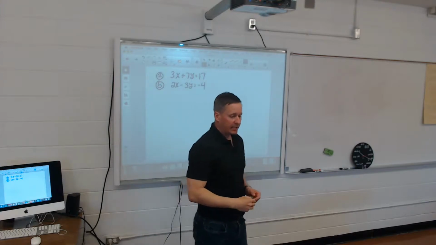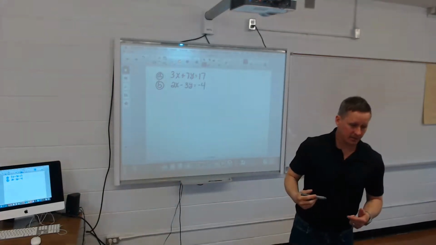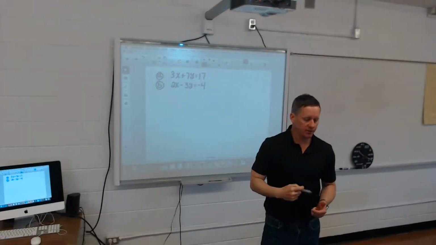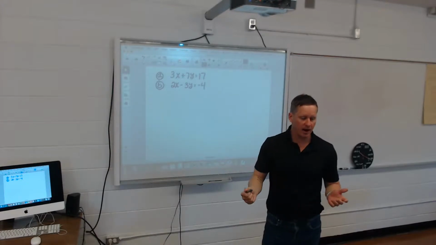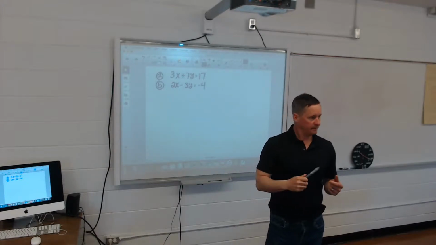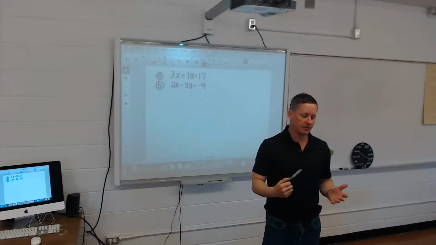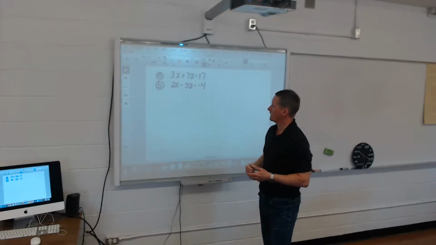Now again, I'm explaining this to you in great detail because in grade 11, we do this with quadratic functions, and this is the best method to use if I'm using quadratic functions. So I want to really get a good grasp.